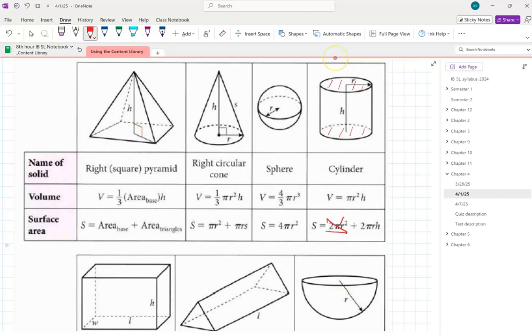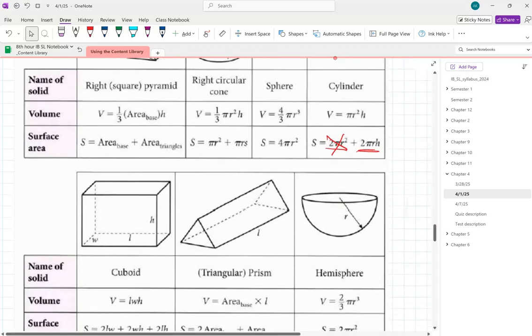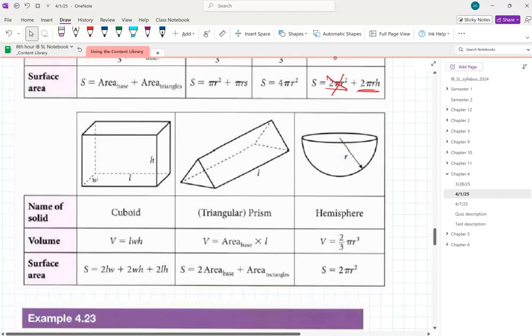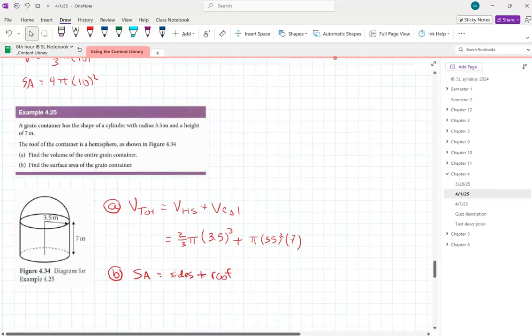In our situation, we don't need either one of those because the bottom is sitting on the ground and we have a hemisphere sitting on the top. So we don't have to paint the top or bottom of the cylinder at all. Everybody agree? So we're just going to take this part, and then we have the hemisphere part. So that's 2 pi r squared.